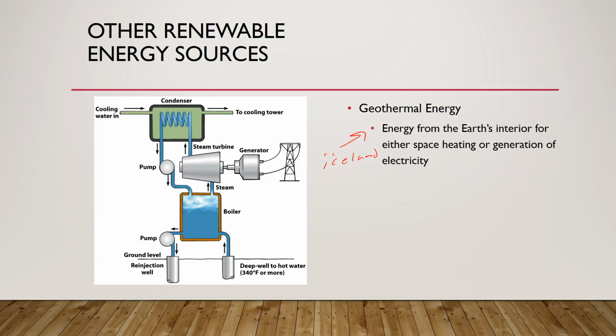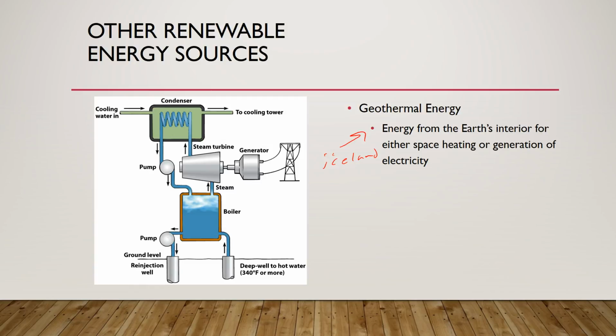And essentially what that entails is taking the heat energy from the interior of the Earth, which is generated through, really a lot of that's radioactive decay, generating heat. So you could almost consider it a form of nuclear energy. We're just taking the heat that's produced on the interior of the Earth and using that heat to produce energy for us.